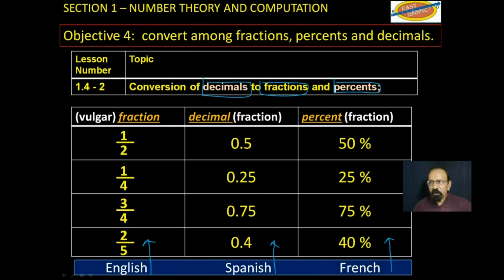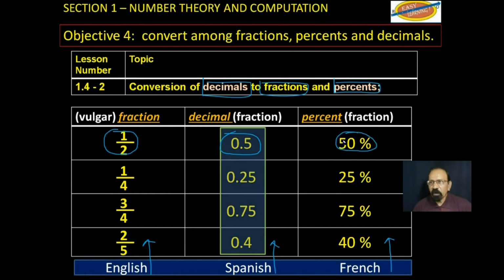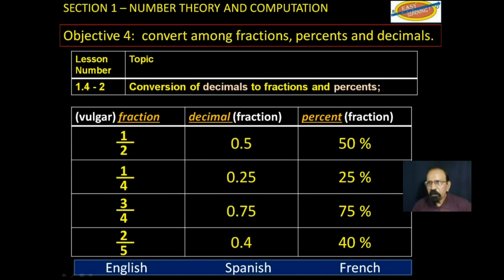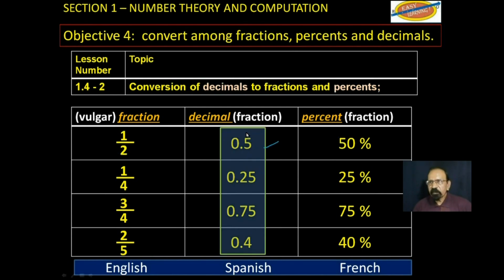These are 3 different ways of saying the same thing. In other words, a half in fraction is the same as 0.5 in decimal, and the same as 50%, and so on. So in this video, we are looking at decimals.